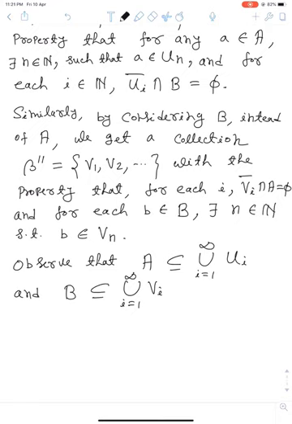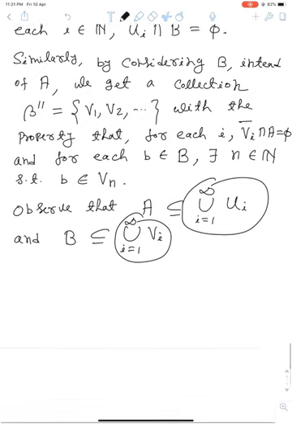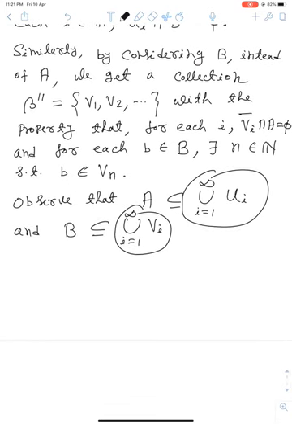Now obviously this part is open, this part is open, right? So we get two neighborhoods such that A is a subset of this and B is a subset of this. But unfortunately this intersect this may not be empty. This is my problem. Now we have to tackle this problem.